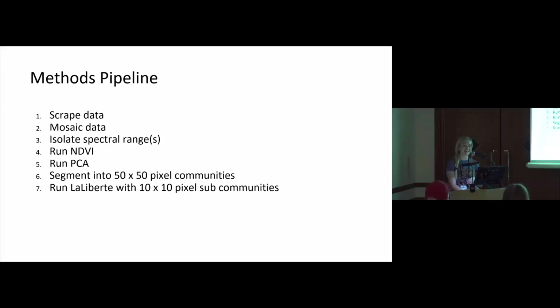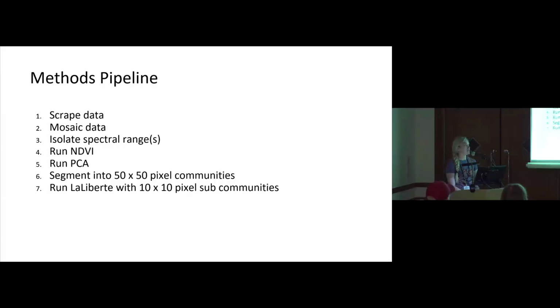Mosaic the data together after doing some atmospheric corrections, isolate certain spectral ranges that I want to see, and that would be the red bands and the near infrared bands, to run an NDVI, or normalized difference vegetation index, to see what plants are healthy and what aren't plant pixels, because if it's not a plant pixel, I'm not quite as concerned with it because there are quite a few roads. It's a very mixed environment that we're looking at.